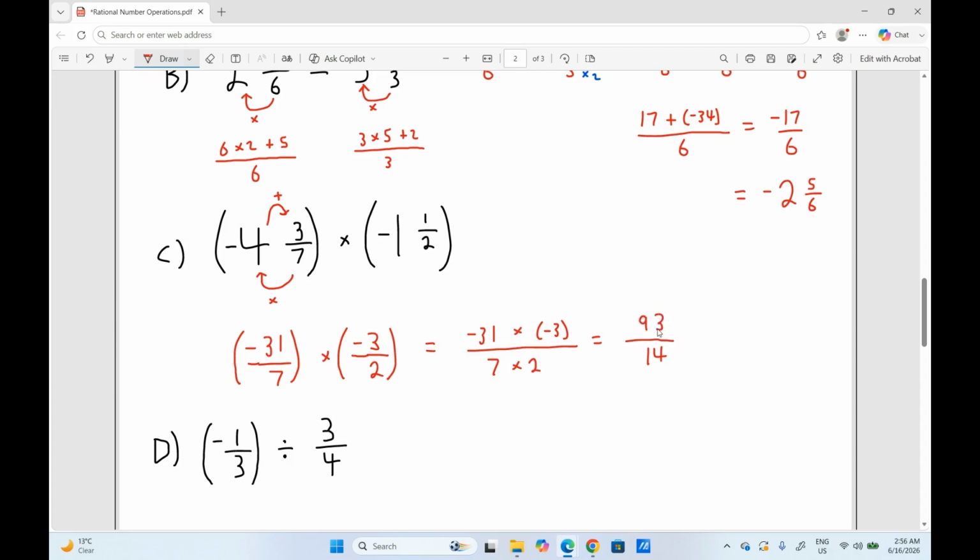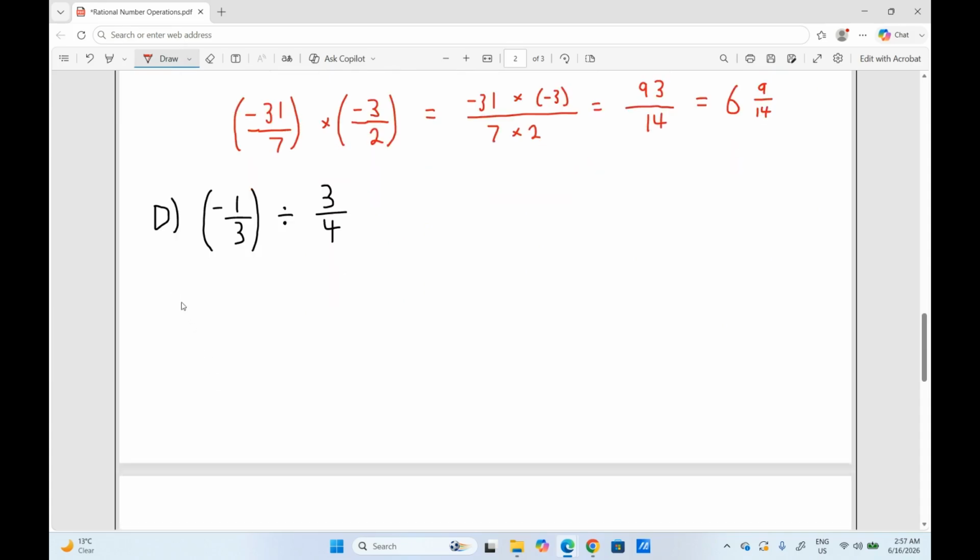So I have 93 over 14, but if you would like to change this to a mixed number again, you can also say this is going to be 6 and 9/14.